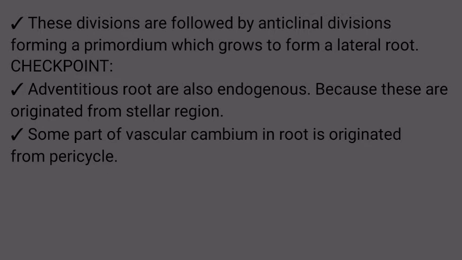These divisions are followed by anticlinal divisions, forming a primordium which grows to form a lateral root. Checkpoint. Adventitious roots are also endogenous in origin because these originate from the stellar region of root. Some part of vascular cambium in root originates from pericycle.